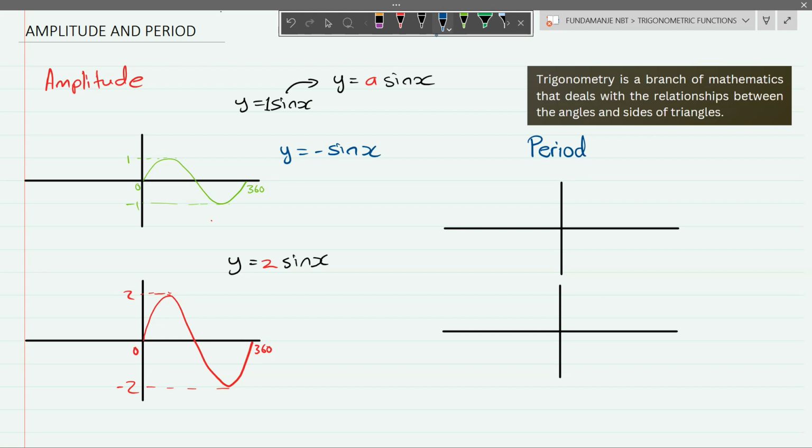Therefore, our function would look similar to the green one, except in the opposite direction. So that's what our function would look like. Same period, same everything, but in the opposite direction.